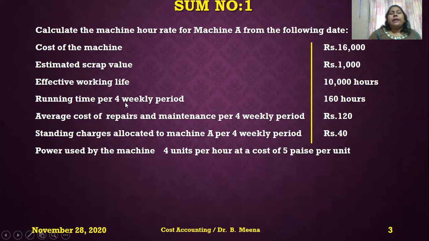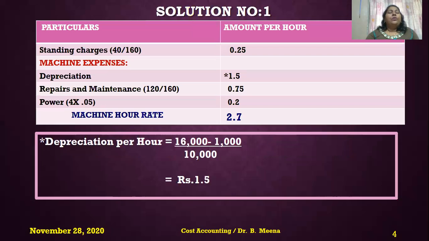What is that? Running time for 4 weekly period is how many hours? 160 hours. So this information I can make use of. This 160 hours is the machine running time for a 4 week period. This information is given for calculating the standing charges, 40 rupees, which is given for 4 weeks and has to be converted for 1 hour. So how to do this calculation?